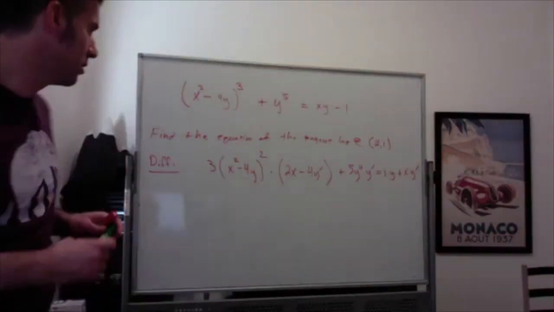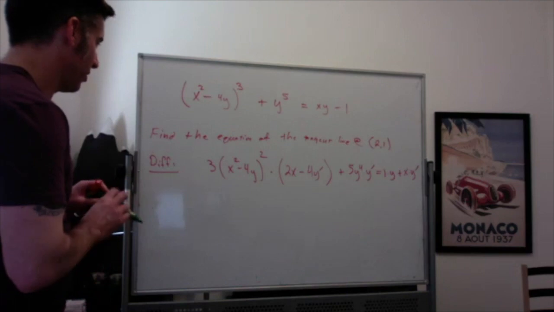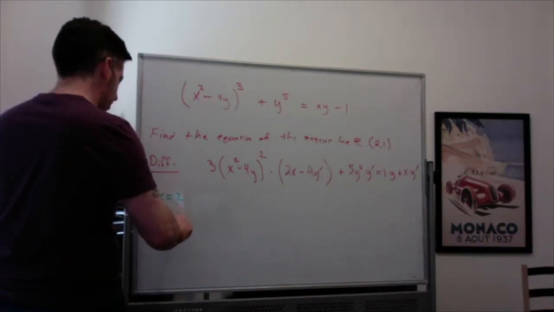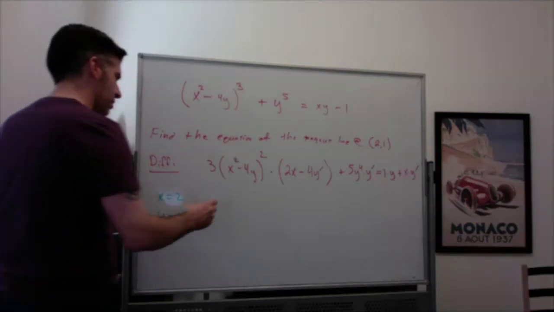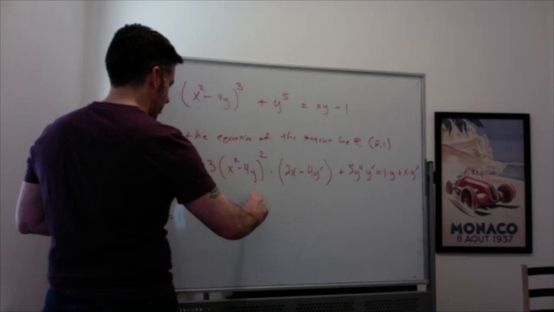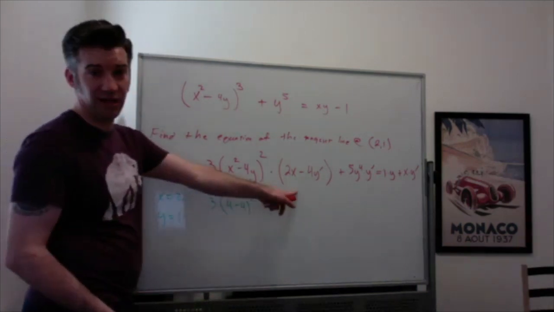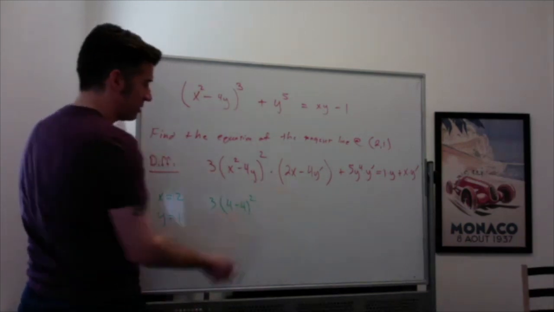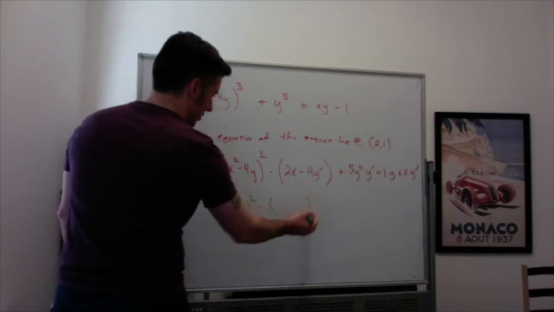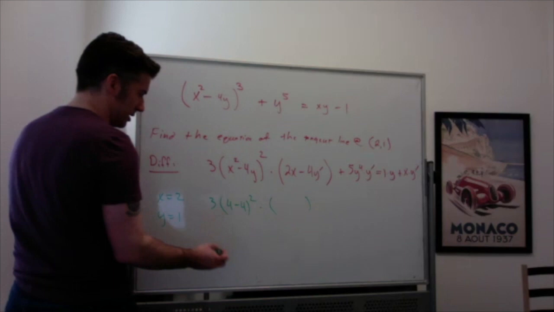Okay, so I'm going to plug in x equals 2 and y equals 1. So I'm going to get 3 times 4 minus 4 squared. You know what? I might as well not even write anything there. Because 4 minus 4 is 0. 0 squared is 0. And 0 times anything is going to be 0. So I could do that, but I just know all of this is going to be 0.